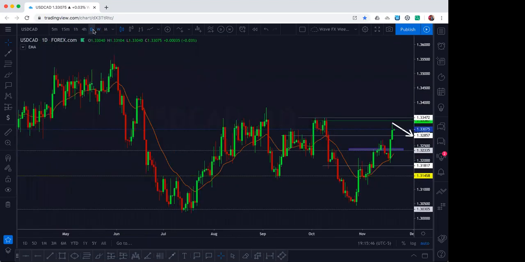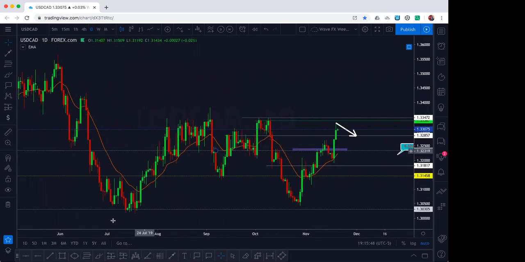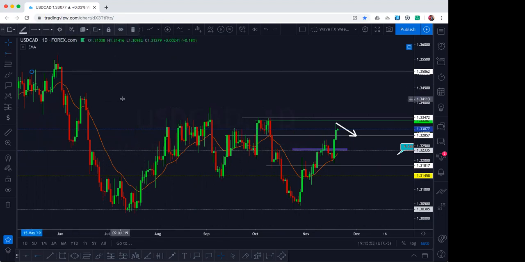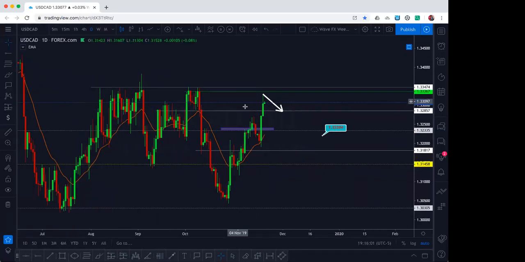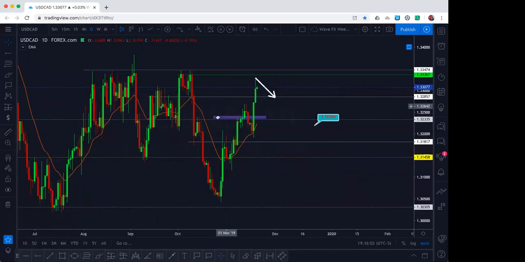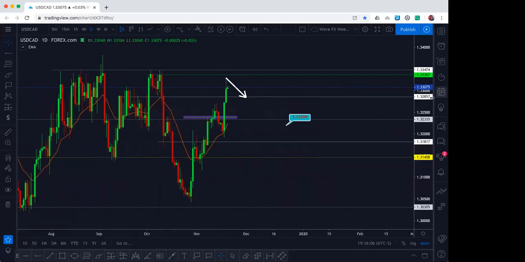So ideally, what I would probably want to be seeing, and I'll be aiming for this level here, previous high at $1.35, might give us some time to get up there. We might be getting some sideways movements out of the market for a while on USD CAD.